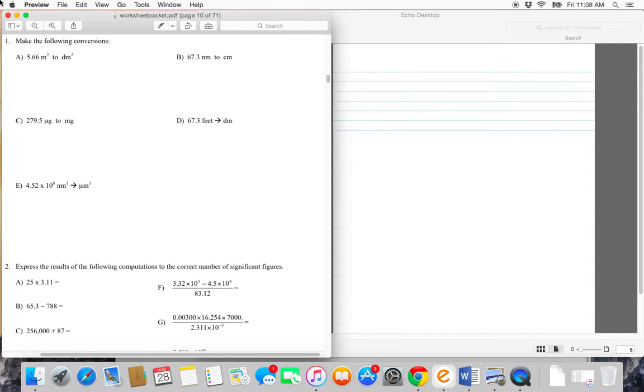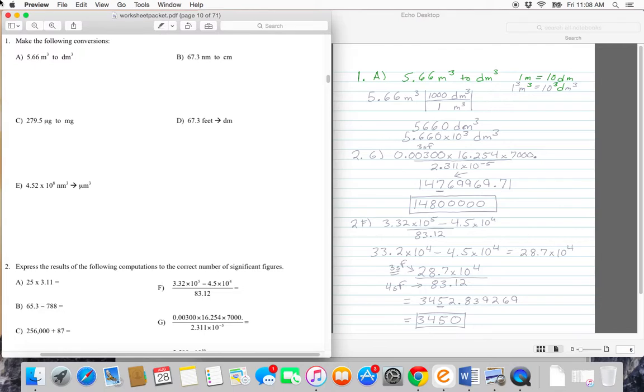Now that we know this information, we can set up our dimensional analysis properly to be able to achieve the correct answer. The dimensional analysis will start with the value that we have, 5.66 meters cubed. We make our dimensional analysis box.